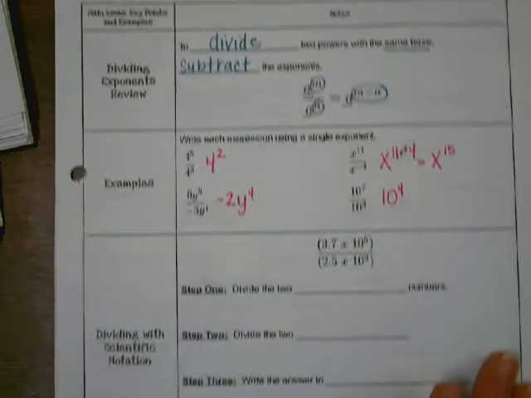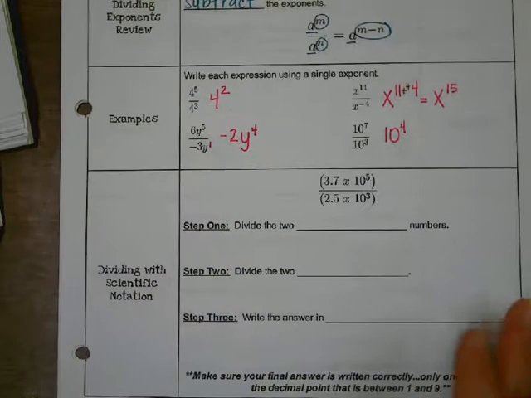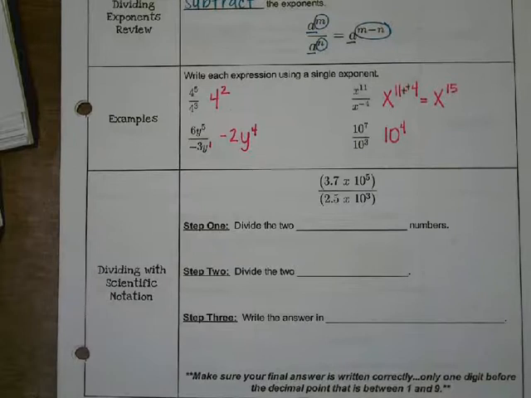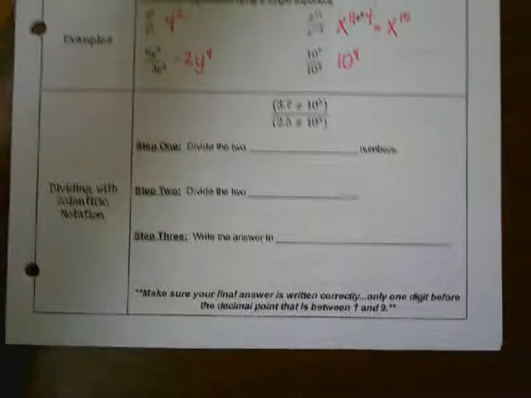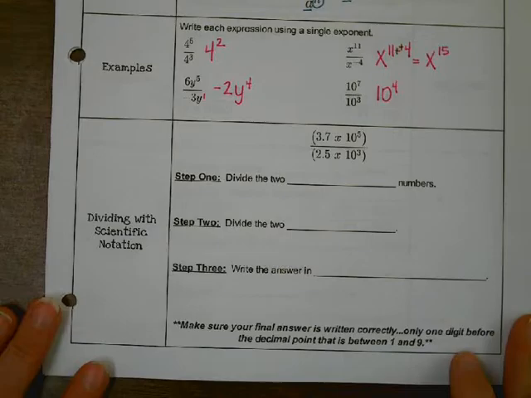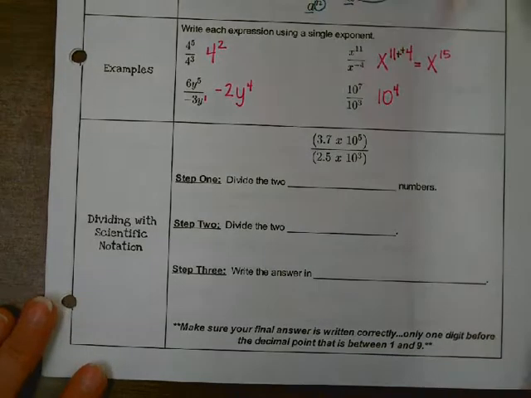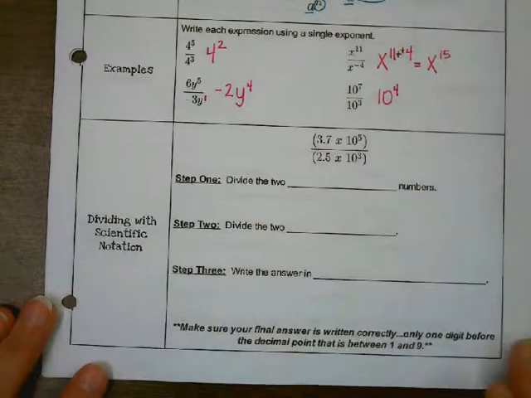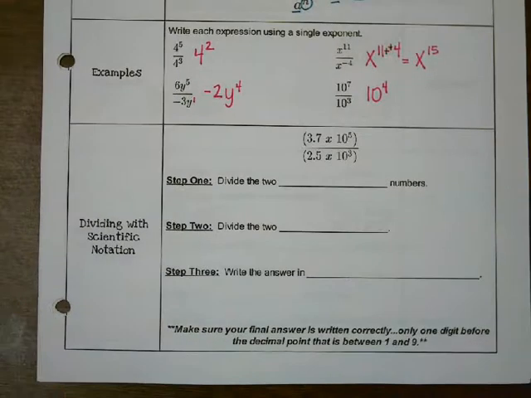All right, so now we're going to actually move on to dividing with scientific notation. What you're going to notice is very similar to what we did yesterday in multiplying with scientific notation.